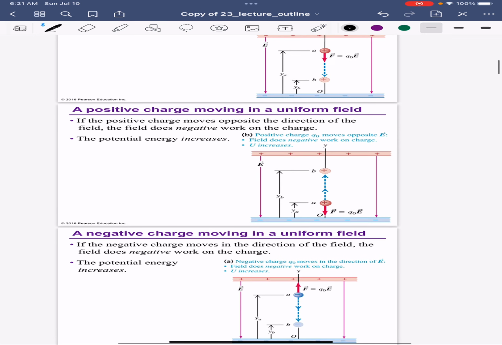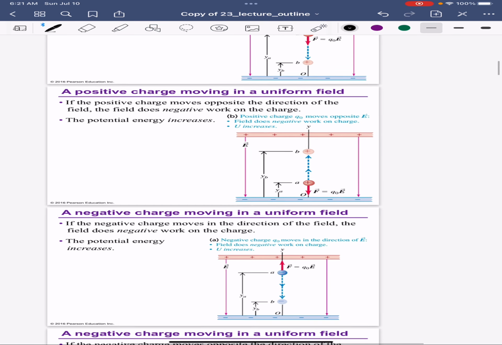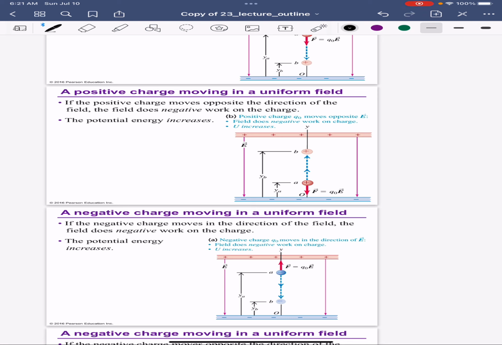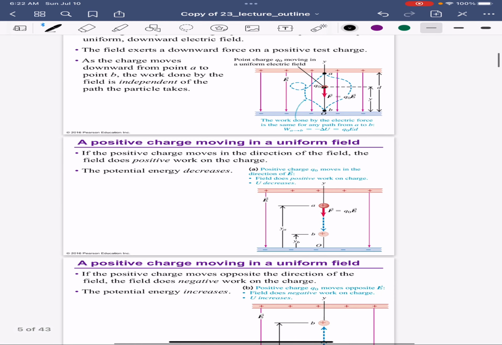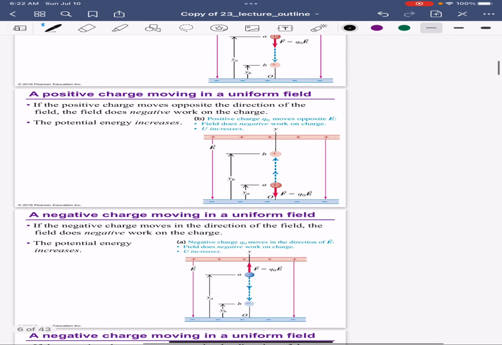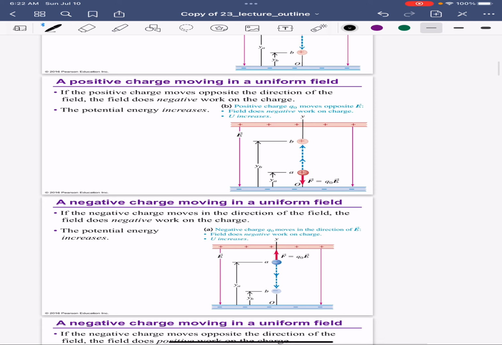Now, if the negative charge moves in the direction of the field, the field does negative work on the charge, and therefore the potential energy increases.